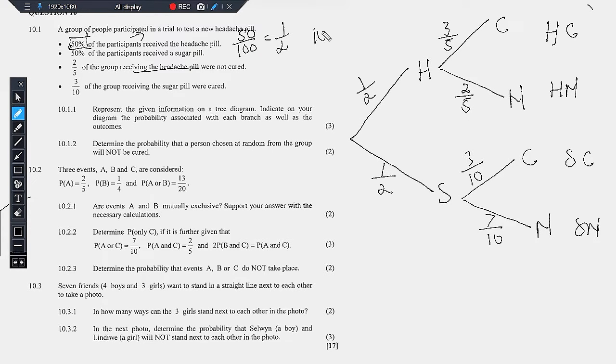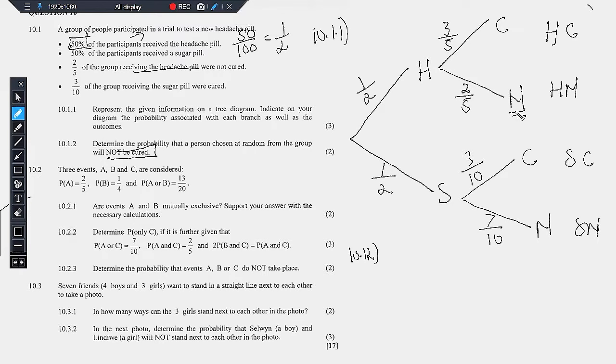Then 10.1.2, so let's indicate this is 10.1.1. Then 10.1.2 says determine the probability that a person chosen at random from the group will not be cured. Will not be cured. So this is irrespective of whether they take the headache pill or the sugar pill. So that means we are only looking for the probability that a participant will not be cured.